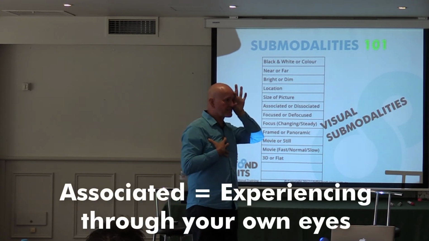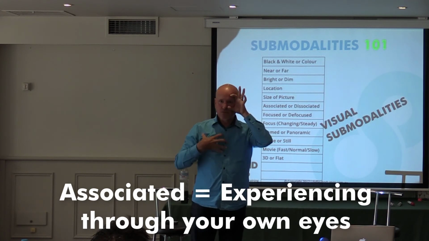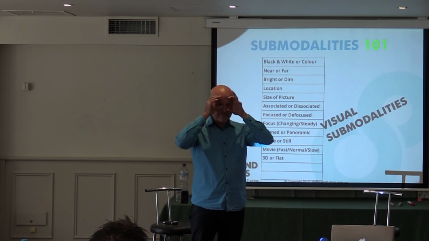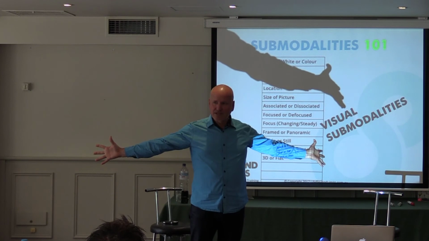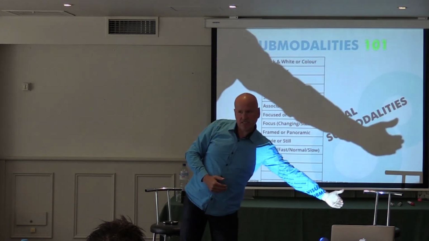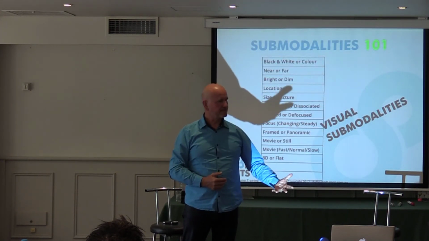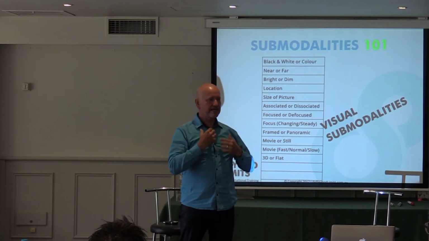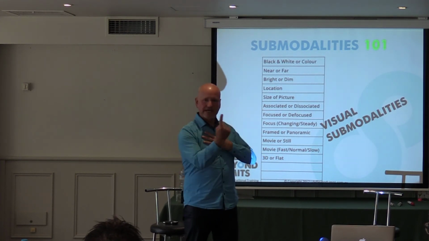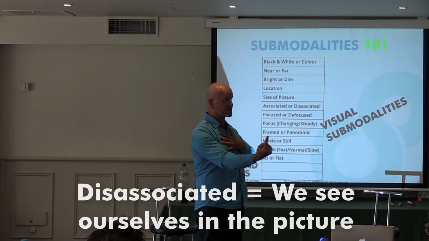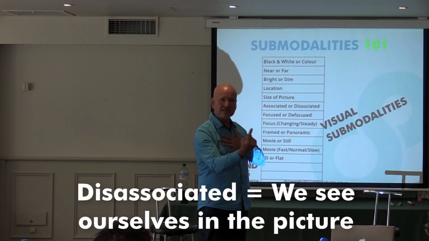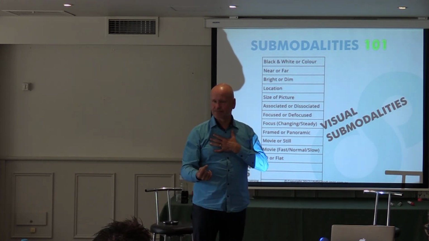We are part of the picture, because without us being here, we do not have the eyes, we do not see. But to be disassociated, like in the distance, it means we are now not here. If we are seeing ourselves in the picture, we are disassociated.